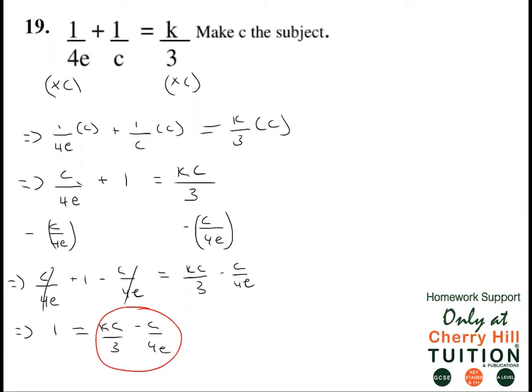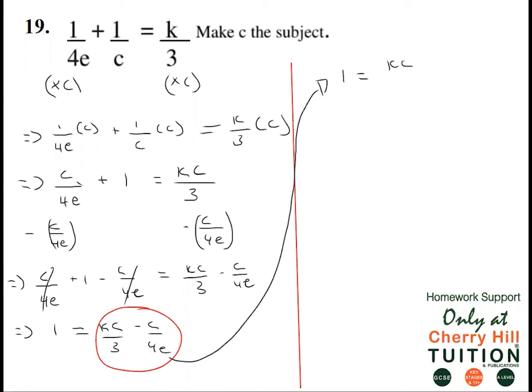We need to simplify this in order to get closer to our answer. Okay, so let's move this over here so we have some more working out space. So 1 is equal to kc over 3 minus c over 4e.